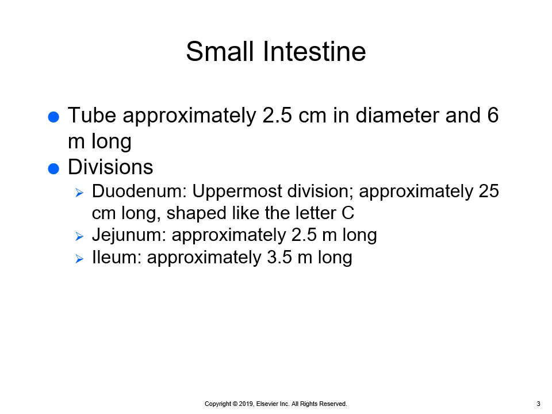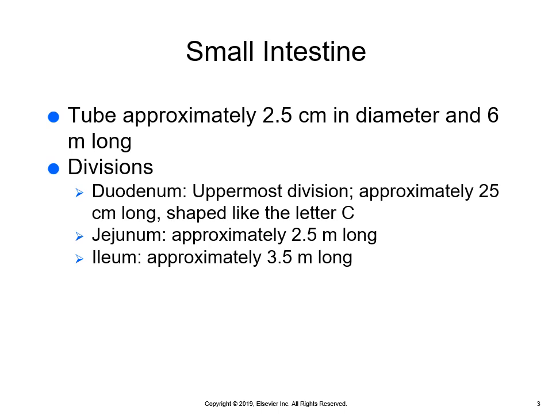The divisions of the small intestine listed here begin with the duodenum. That's the first portion of the small intestine. It's also the shortest section, approximately 25 centimeters in length, and it forms what we call a C shape.